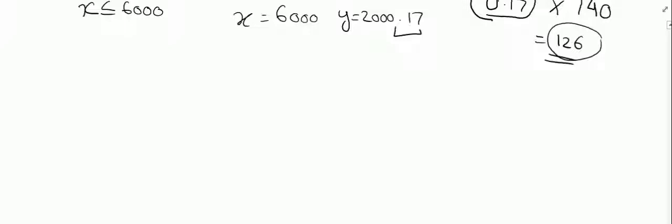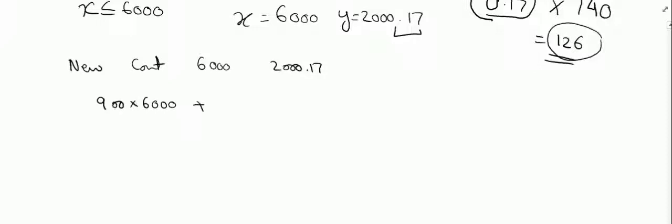Second method to find the shadow price is to calculate the new contribution. New contribution at 6,000 units of x and 2000.17 units of y would be 900 into 6,000 plus 2000.17 into 740, which makes it 6,880,126.